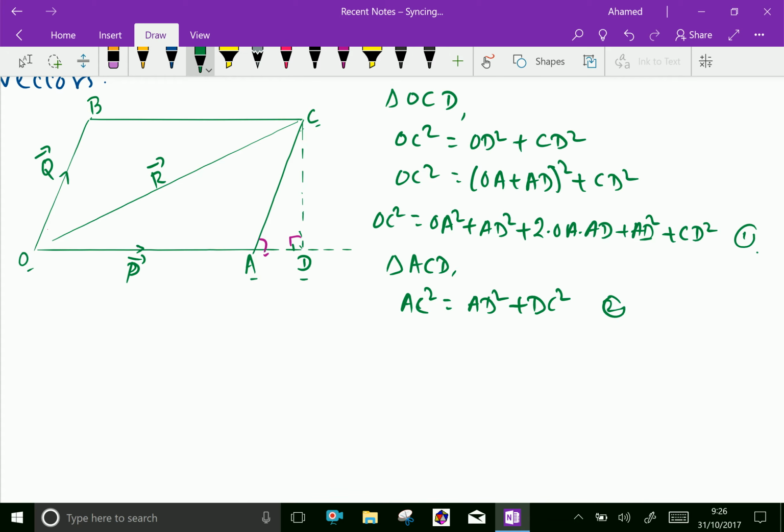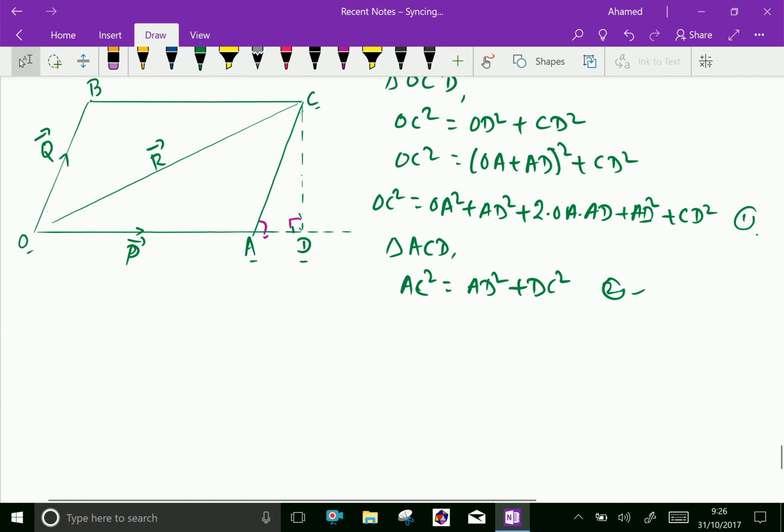Substitute this 2 in equation 1. Then 1 gives OC square equals OA square plus AC square.